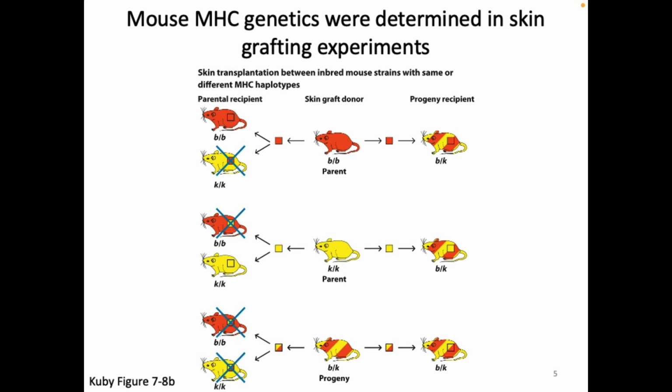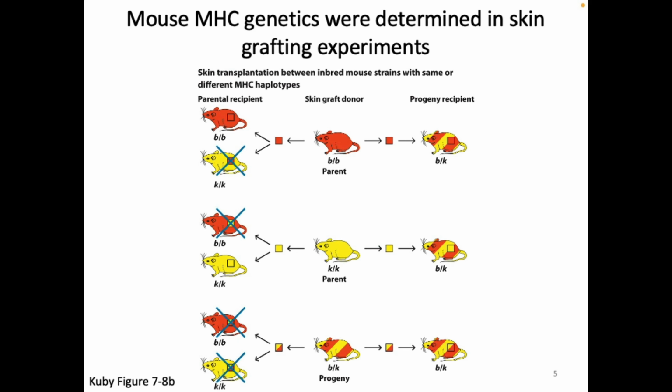But what you can notice here is that we've got this B or orange parent. It could give skin to other mice of the B strain. It could not give skin to mouse of the K strain, so that skin would get rejected. And it could give skin to the progeny, to the child. You can see that same thing happening with the yellow K parent.